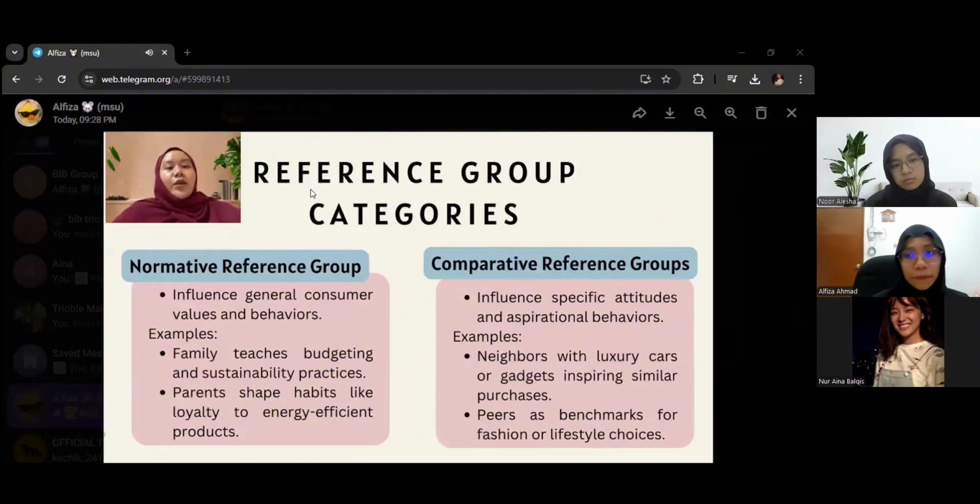While normative groups shape general consumer habits, comparative groups tend to focus on aspirational behaviors, guiding individuals toward more targeted consumption patterns. Both types of group play a critical role in shaping consumers' decision making.